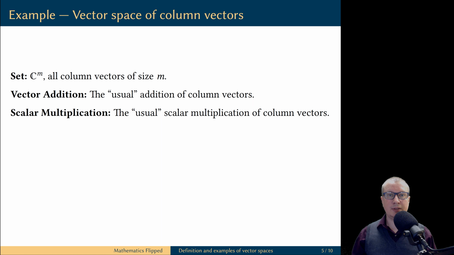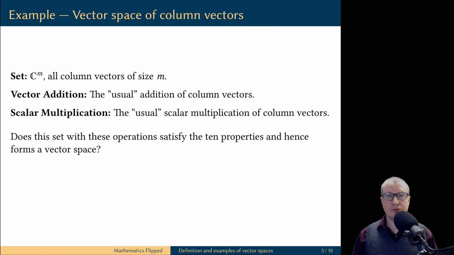And the first example is the vector space of column vectors. So we fix a dimension m and we look at all column vectors of size m. Then the operation of addition on this set is our usual operation of addition of column vectors, and the operation of scalar multiplication is the usual operation of scalar multiplication of column vectors as we know it.